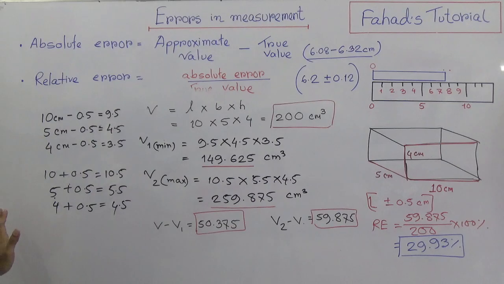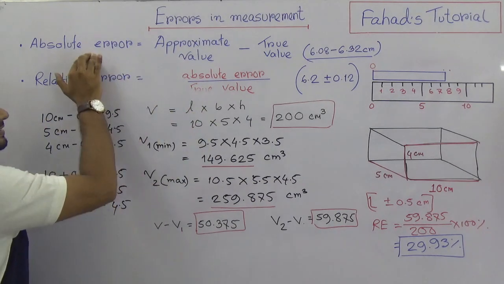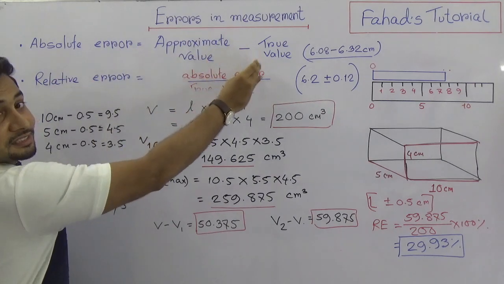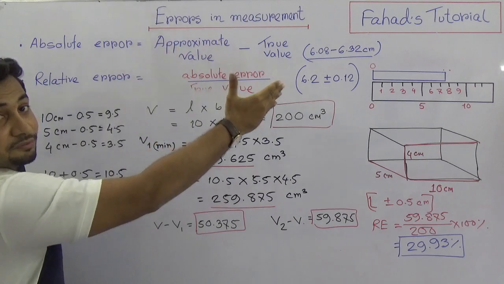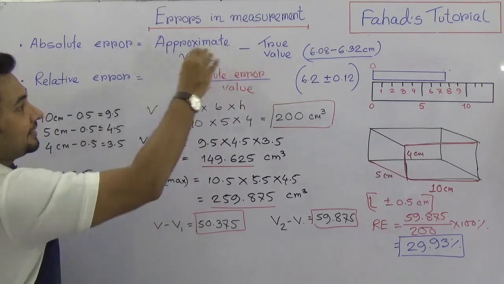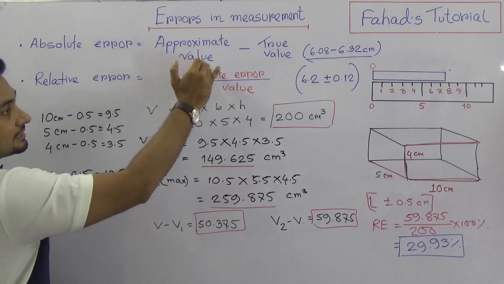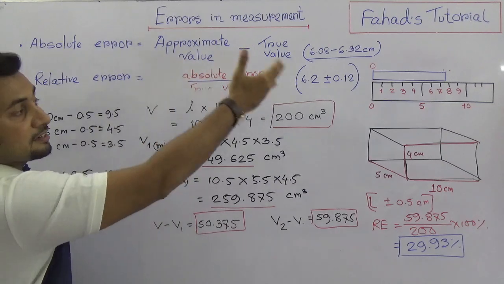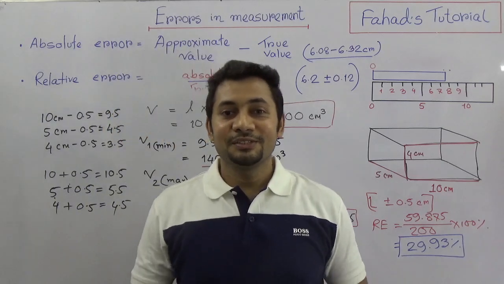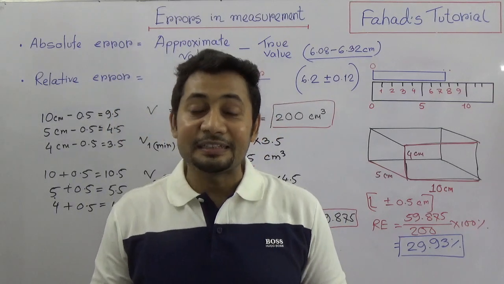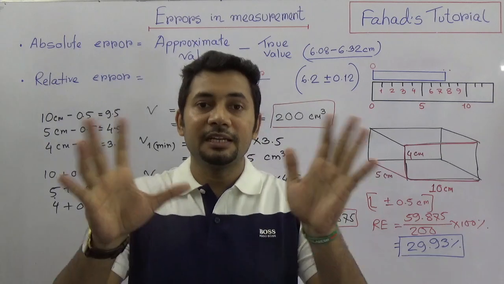So that is clear. Hopefully remember, absolute error is the magnitude of the difference between the approximate value and the true value. And relative error is the absolute error divided by the true value, and if you want to express it in percentage, just multiply by 100%.